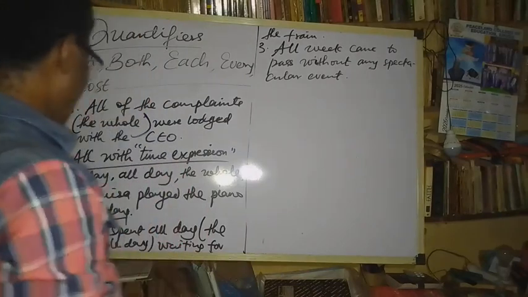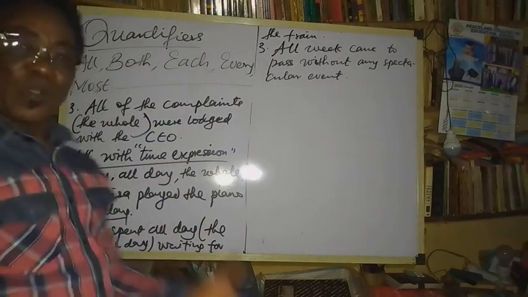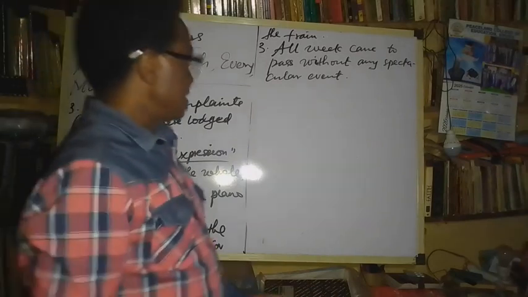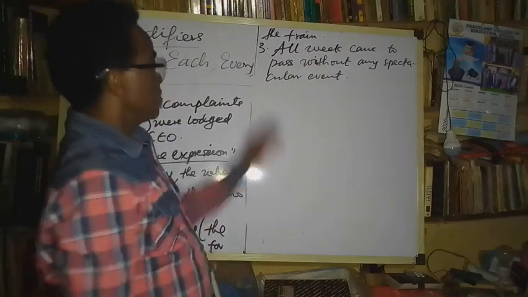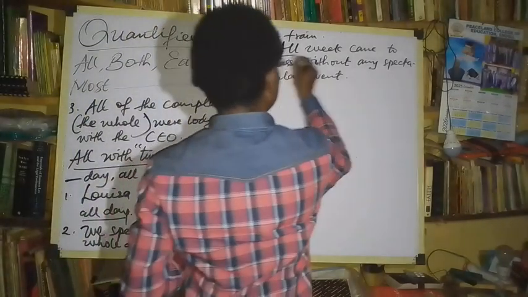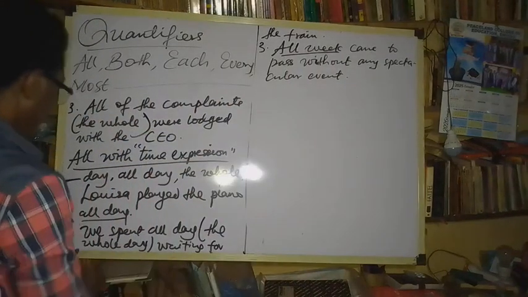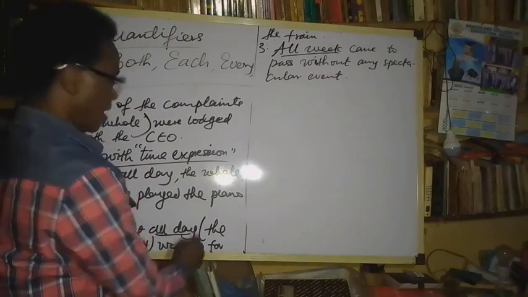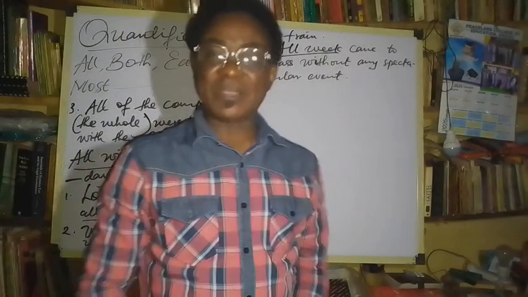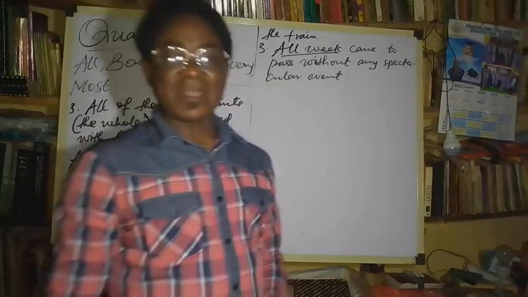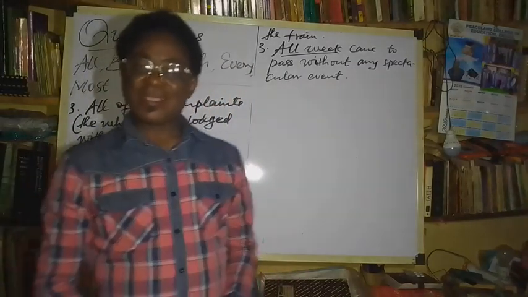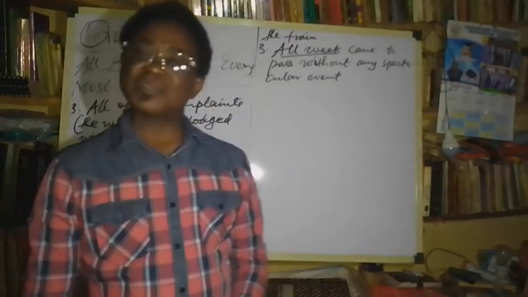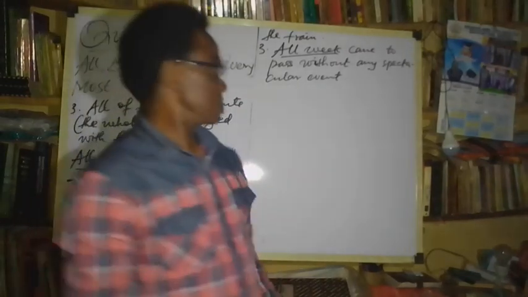So say all day, the whole day, all week, the whole week. In these examples, all week, all day, or the whole day are adverbial. We call them time expressions. They tell us what time in the day, or what duration, or what period in the day, in the week, in the month the action lasted.